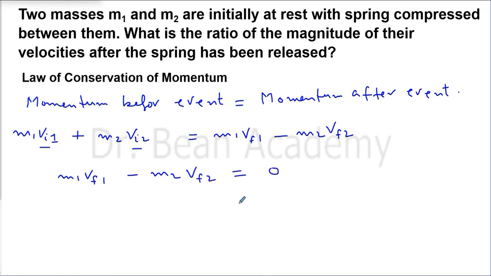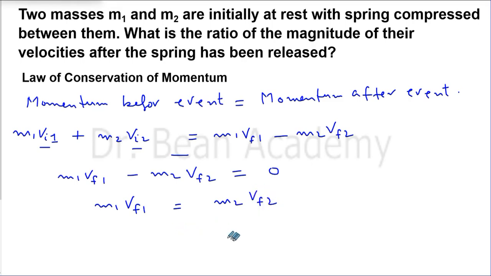I have just reversed the sides. So let me take this expression to the right side. I will add it on both sides of this equation. So I will get m1 vf1 equals m2 vf2.